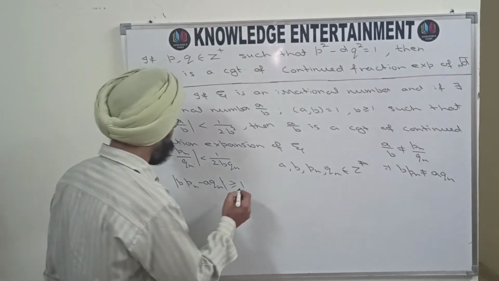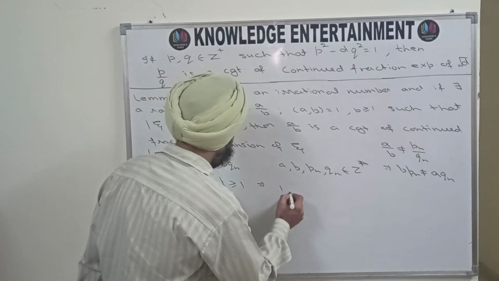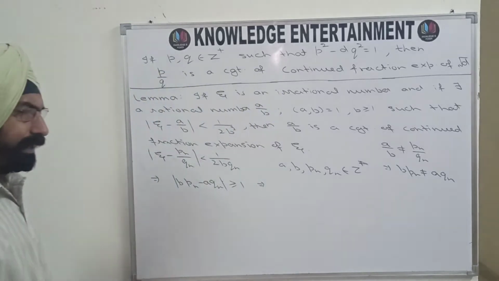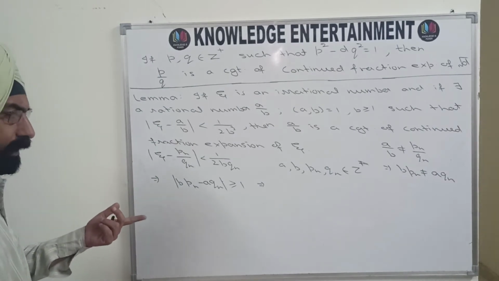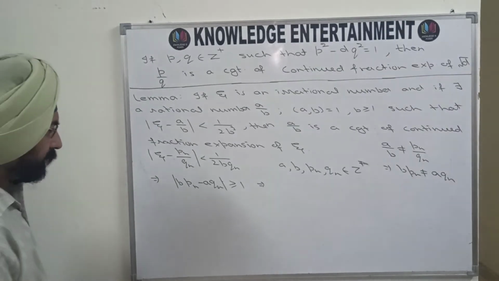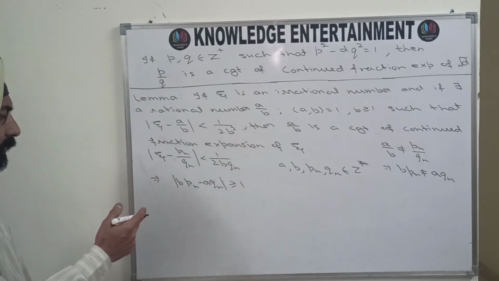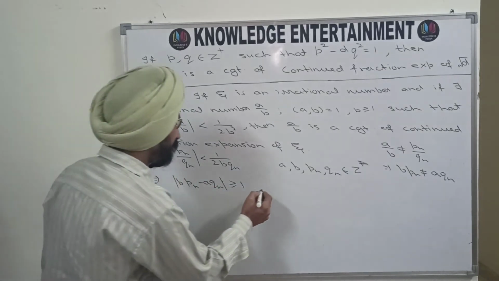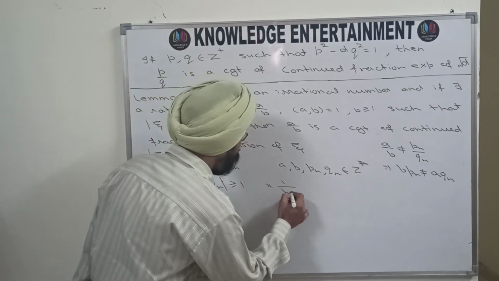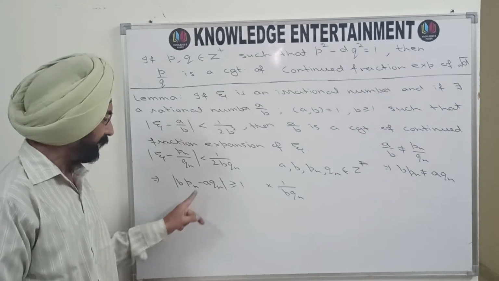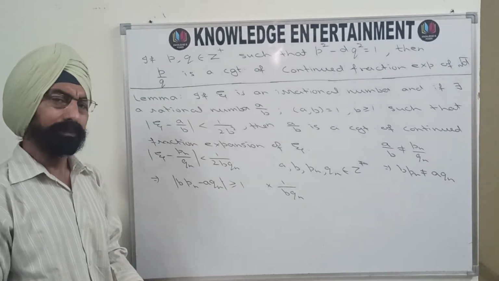No need to take the reciprocal. In fact, I need 1 upon b q1. So multiply both sides by 1 upon b q1, and I am writing the right-hand side first, and then this less than or equal to will become greater than or equal to.